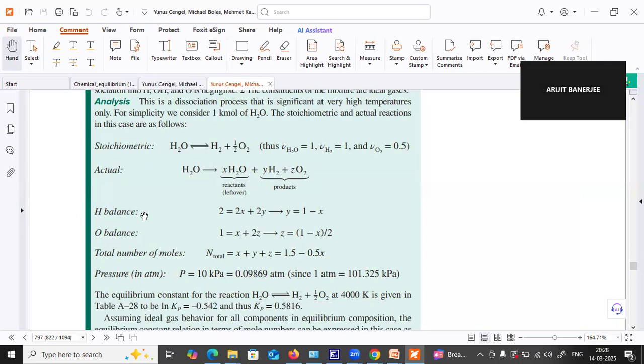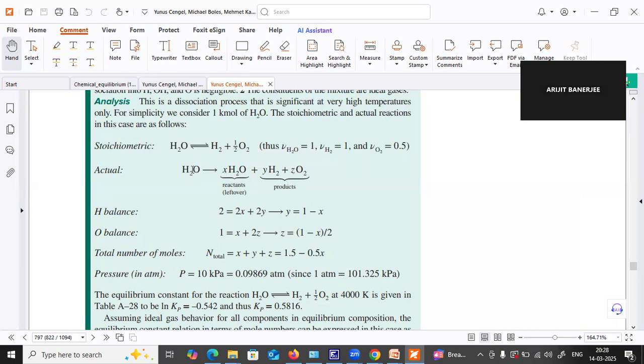So now what we can do? We consider that by heating 1 mole of H2O, we are getting X mole of H2O left over, Y mole of hydrogen and Z mole of oxygen. Now, as usual, we will go for mass balance. After mass balance, you see that X, Y, Z are 3 unknowns.